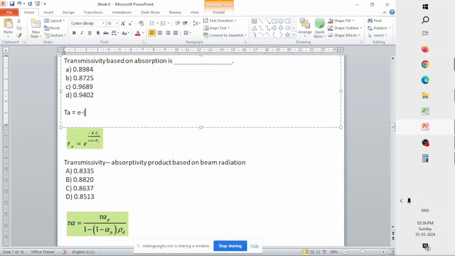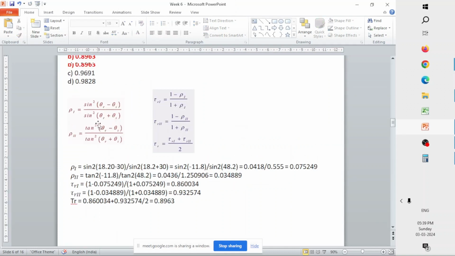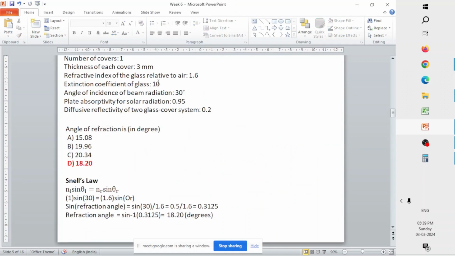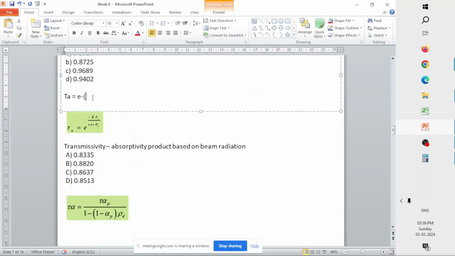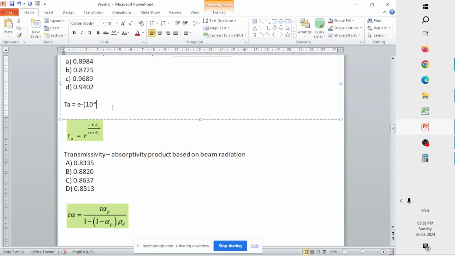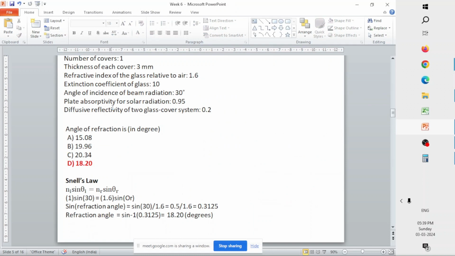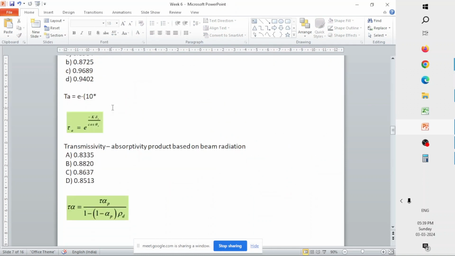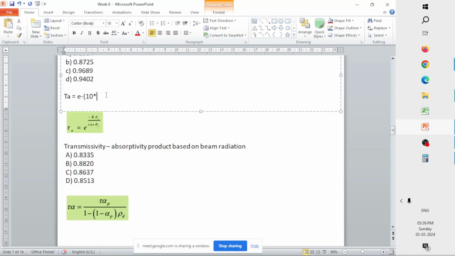K is your molar glass extinction coefficient, whose value is 10, times the delta C, that is your spacing between the cover, which is 3 millimeter. So we will take it in meters and then we will calculate.